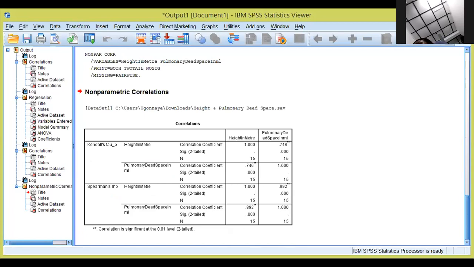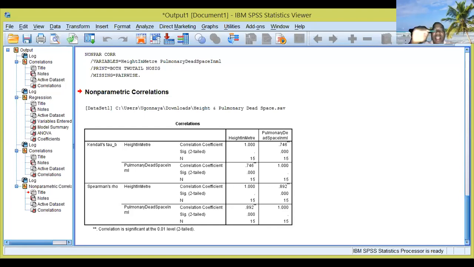So if you look at it, what we just calculated now is 0.892, right? For Spearman, that's what you're having here. It's 0.892, while the Kendall's tau is 0.746. Let's note it, because the way to calculate that one is different.